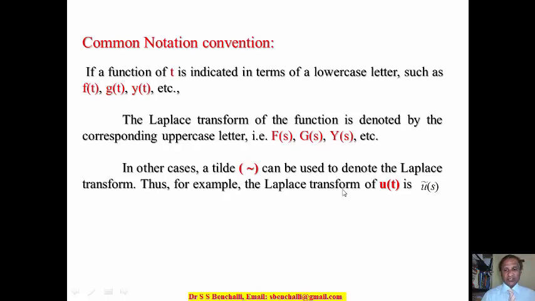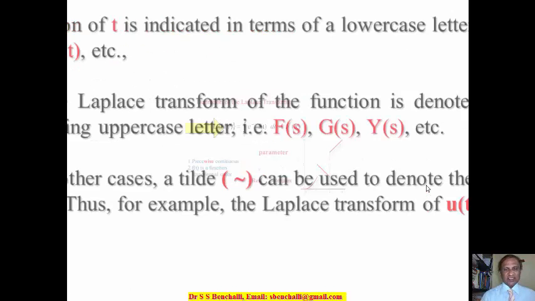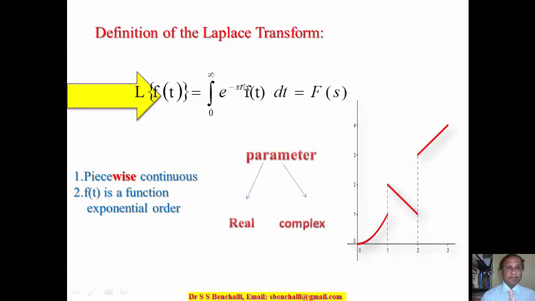Is it clear? Or in other words, we can say the Laplace transform of u of t is denoted by u tilde. This symbol we call u tilde. If you transform u of t, you will get u tilde of s. So like that we can use different notations.